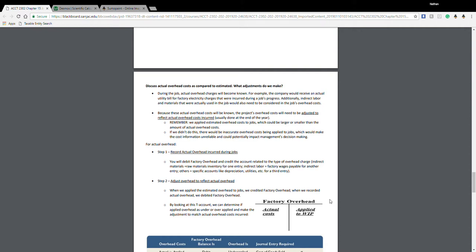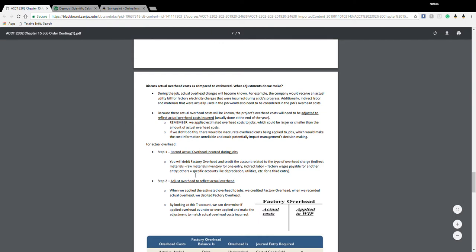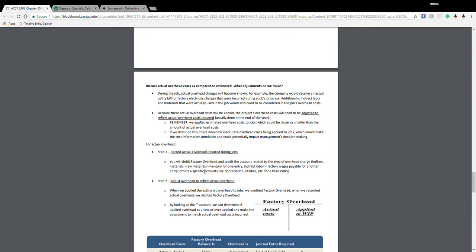For the accounts that we deal with in all these journal entries, we debit our factory overhead and we credit the account related. So if it's materials, it's going to be raw materials inventory. If it's labor, the indirect labor, that goes to factory wages payable.